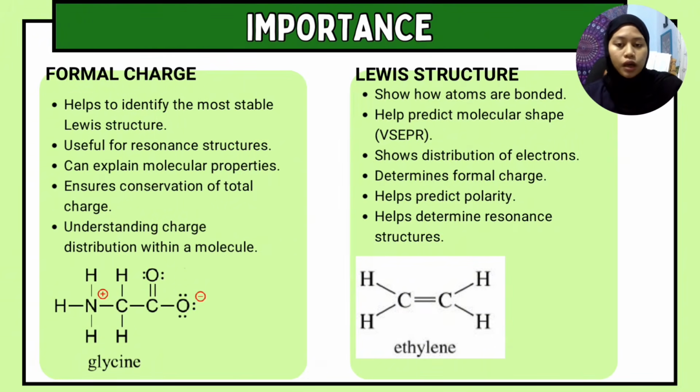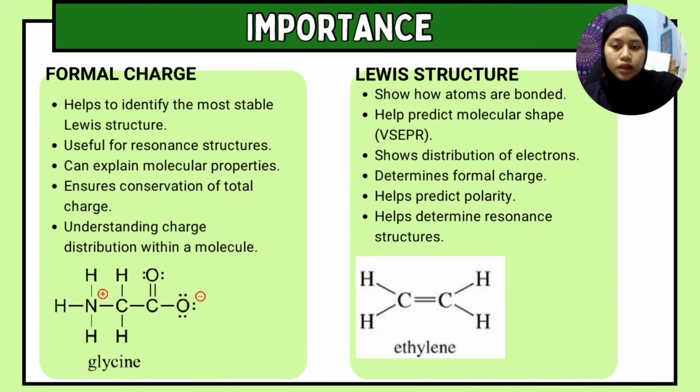Formal charge also helps explain molecular properties such as reactivity and polarity. It ensures that the total charge of a molecule is conserved and helps us understand how charge is distributed within the molecule. So for example, in glycine, formal charge shows where positive and negative charges are located in the molecule.